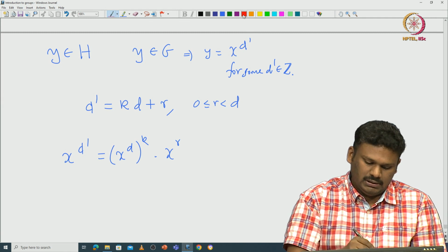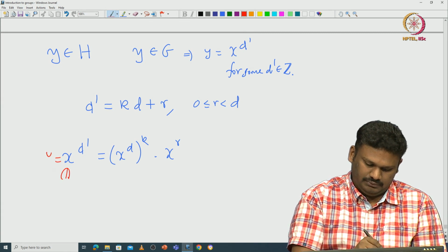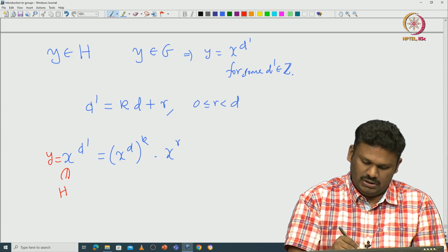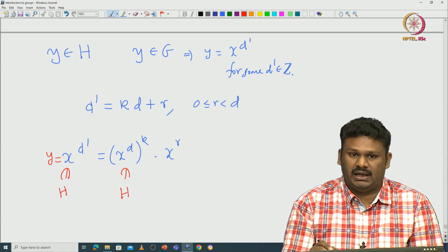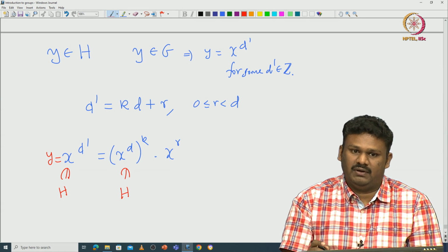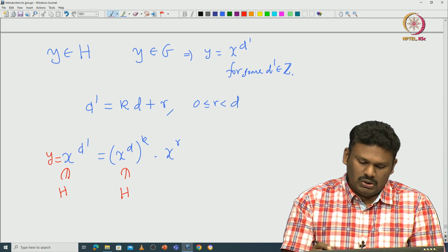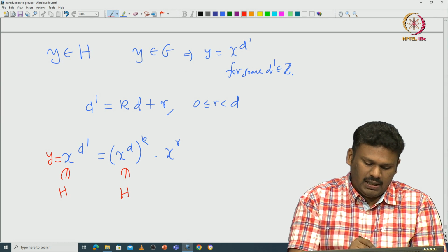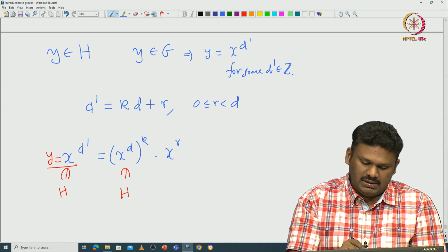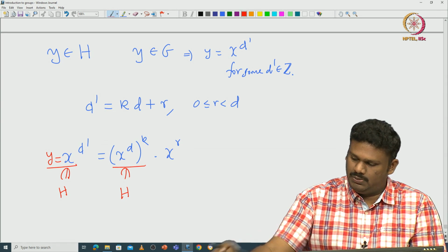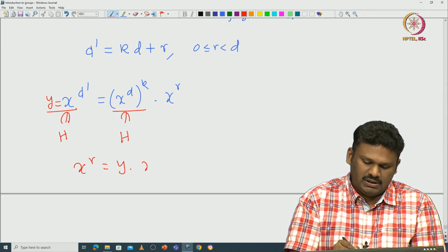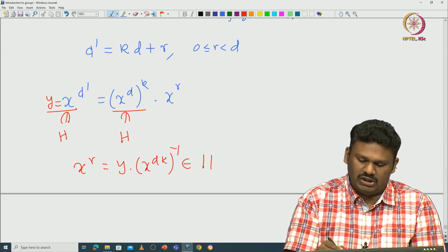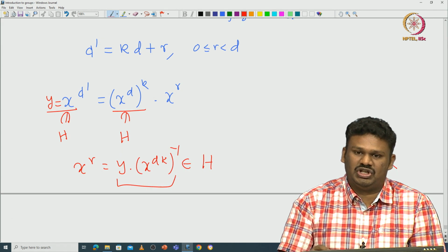Note that this element y is inside H, and x power d is inside H, so any power of x power d is inside H. That means if you take y times the inverse of (x power d) power k, that gives x power r. So x power r is y times (x power dk) inverse, and this must be in H because both these elements are in H.